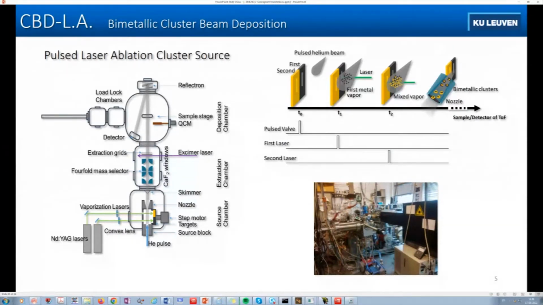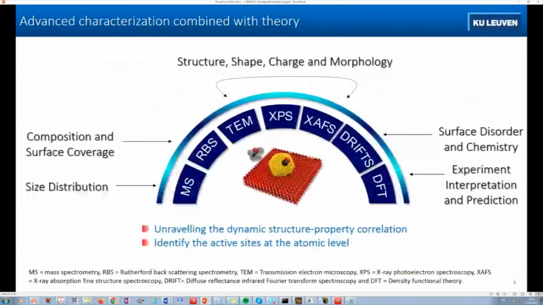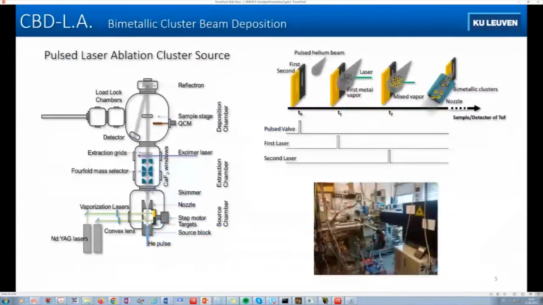And the same principle, so you have the helium, that is the gas with the pulse. And so we have this ablation chamber. You've produced this plasma of atoms, then they need to cool down and make clusters. And once again, they can go into a mass selector. And here you have a mass spectrometer, so you can even see what you have in your beam.